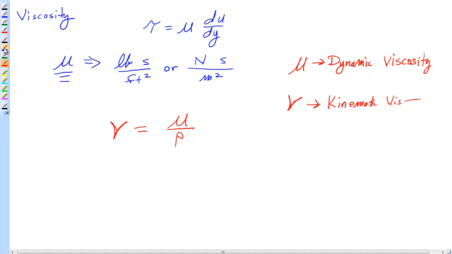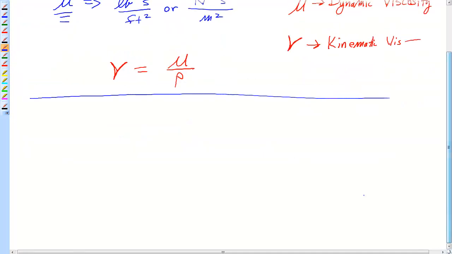But one of the most common numbers that exist in fluid mechanics is called the Reynolds number.